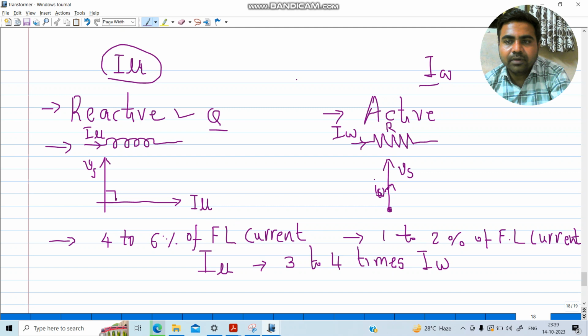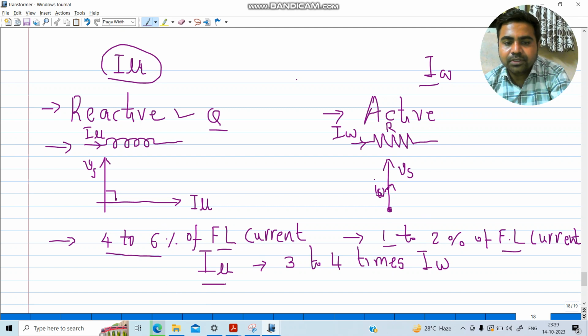Now if we look at those currents as a percentage of full load current, even at no load the transformer will draw 4 to 6% of its rated current, and the loss component of the current, also known as the working current, will be 1 to 2% of the full load current. From this figure we can easily identify that the working component of the current is quite low compared to the magnetization current.